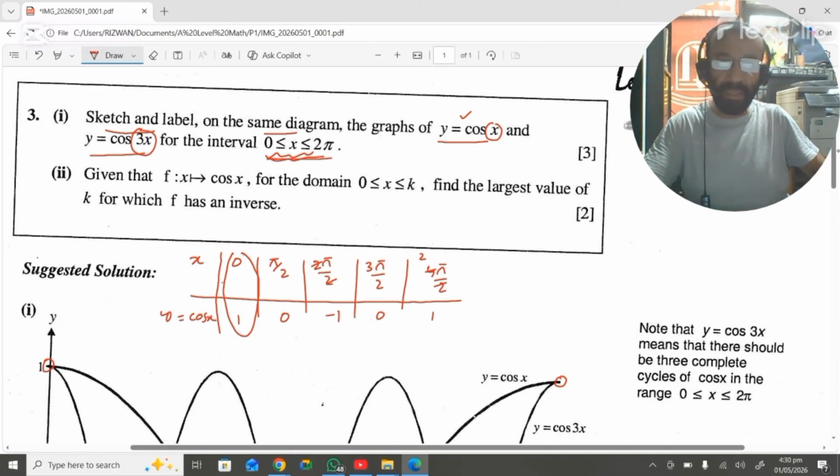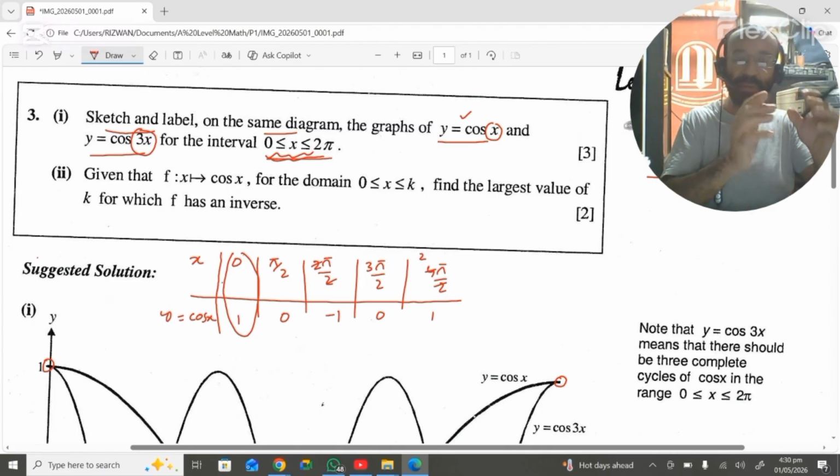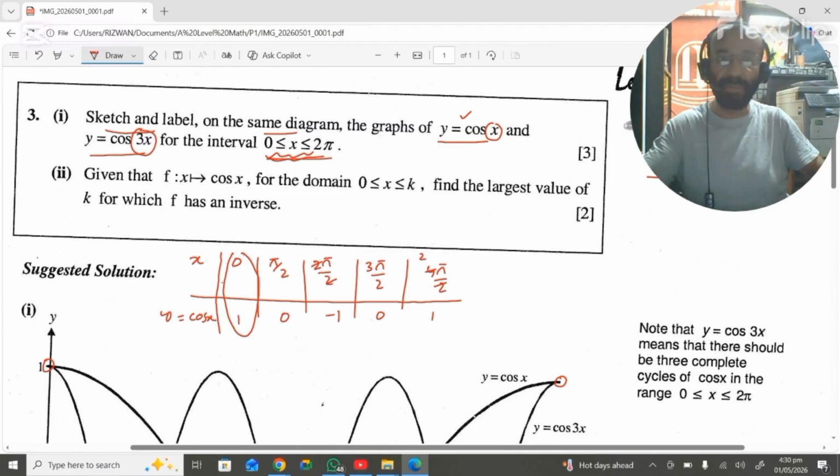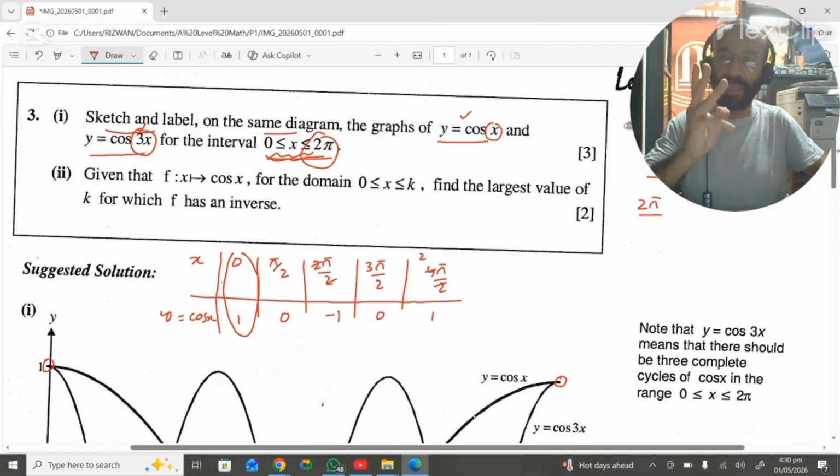So again we are doing some working to check what interval should be taken on the x-axis for this graph. Look, 2 pi is the total interval, and 3 cycles will be made by this graph, because this 3 shows that 3 cycles will be completed.